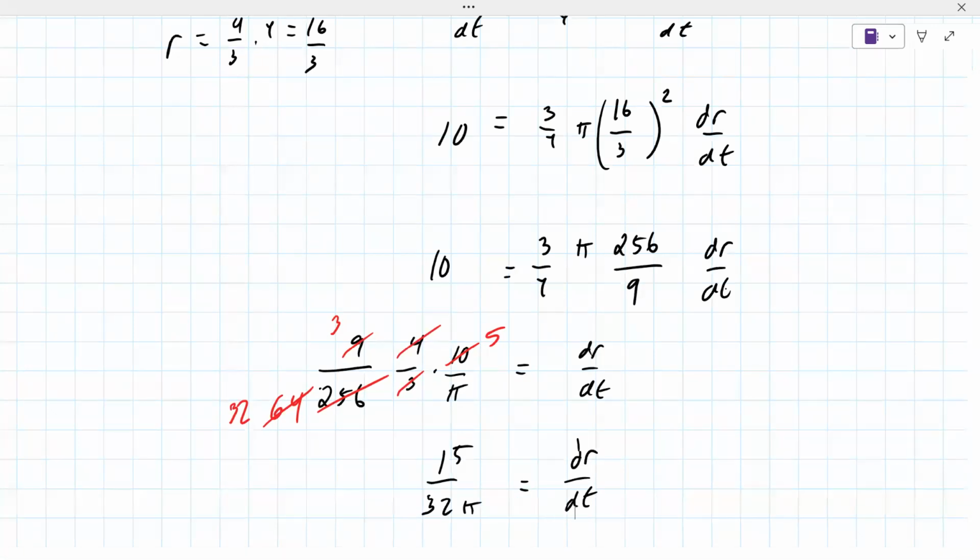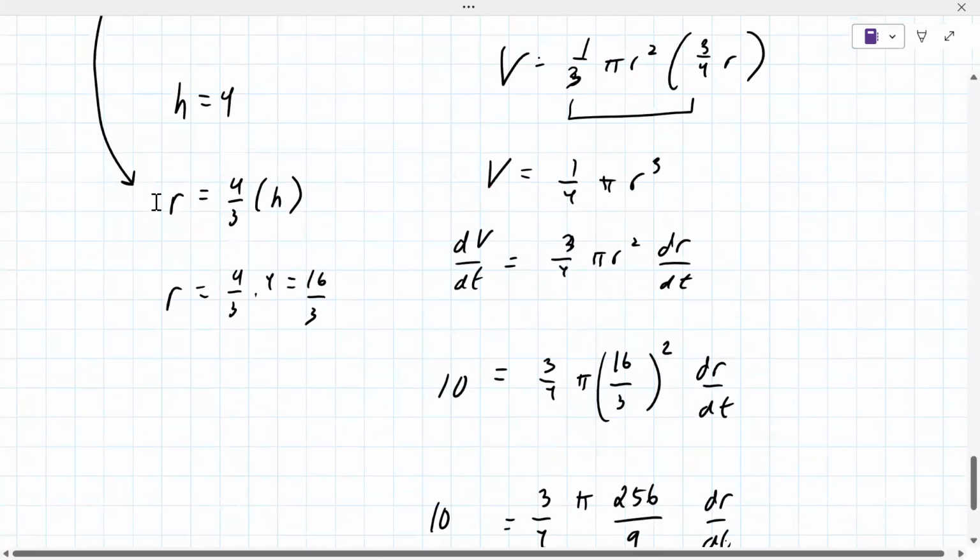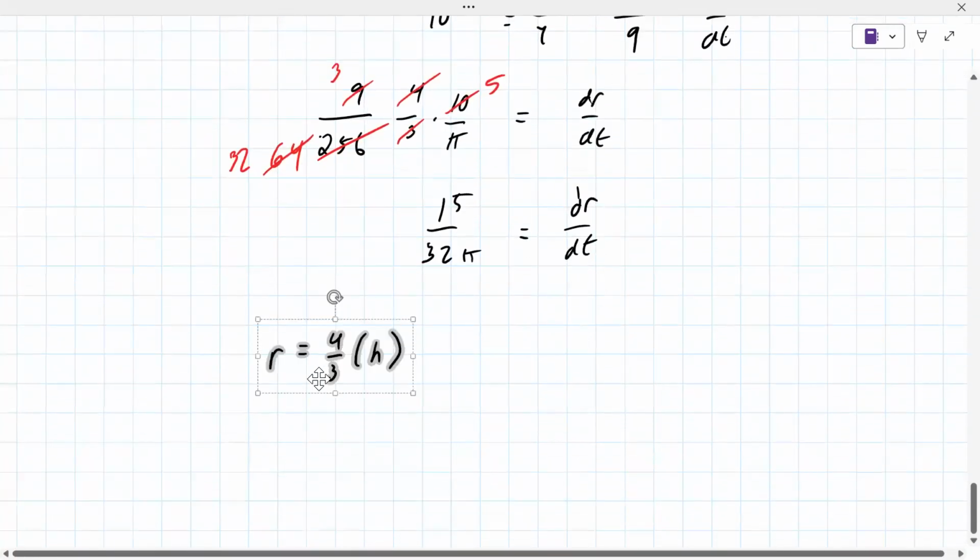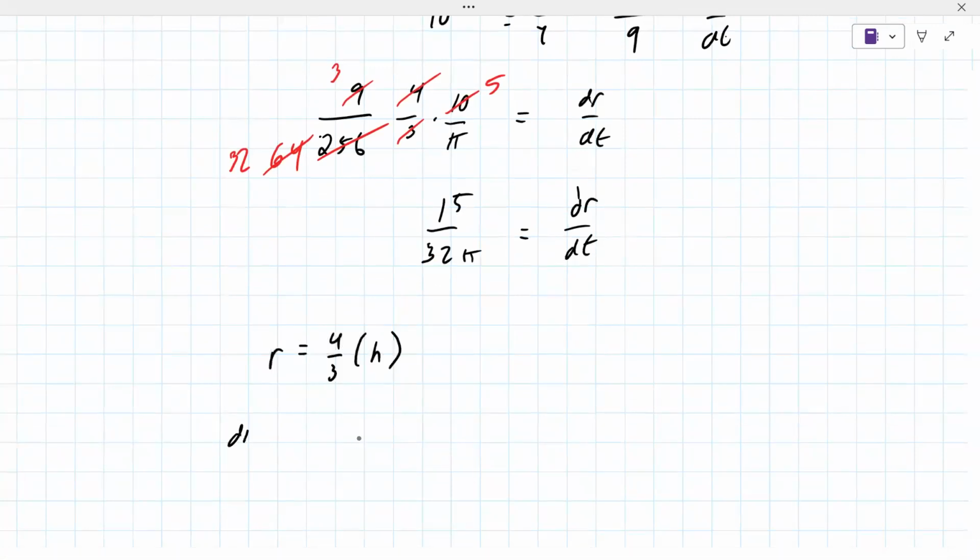To find the dh/dt, we go back to this equation here. We can use any of these on the left here. We'll use this one. It's probably the more standard one. So dr/dt, which we just found, equals 4/3 dh/dt, which is what we want to find.